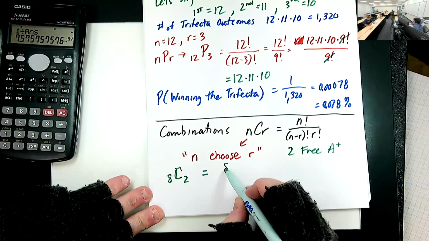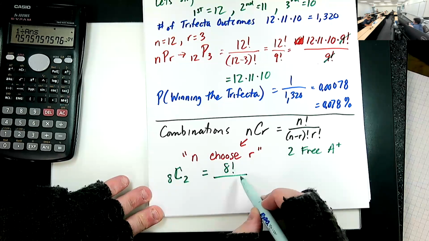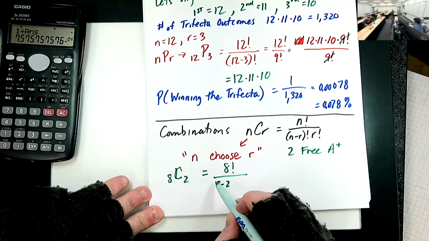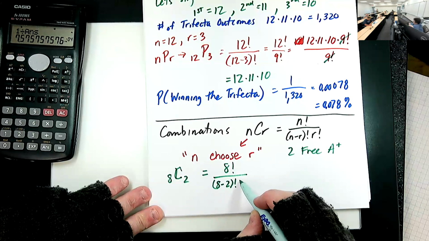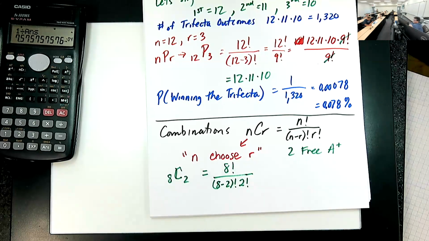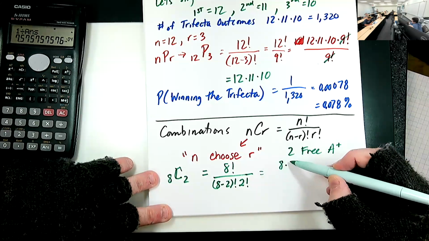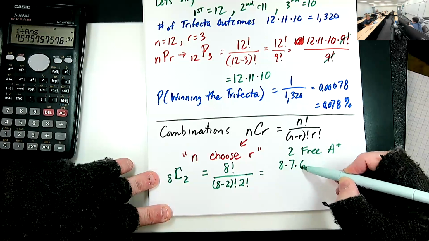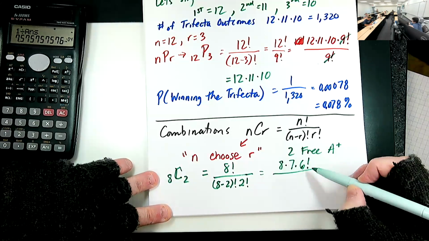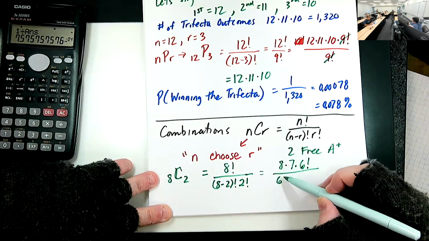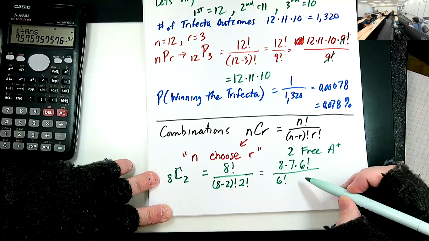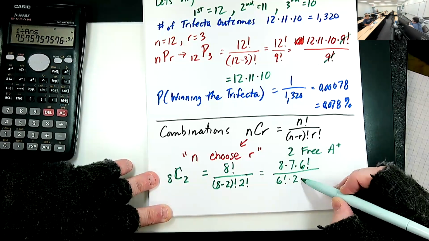This will be 8 factorial over 8 minus 2 factorial times 2 factorial. So I'm going to do this. 8 factorial is 8 times 7 times 6, and I'm going to stop there because I know 8 minus 2 factorial is 6 factorial. And 2 factorial, I'll write as 2 times 1.